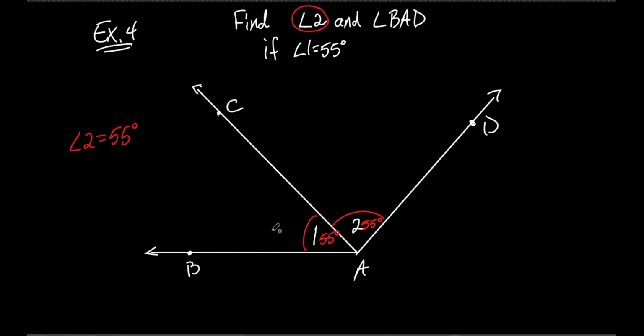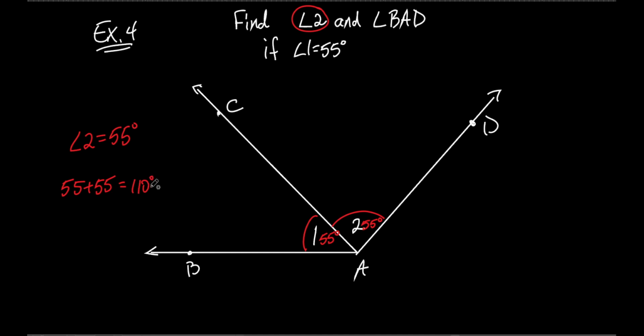That's right. Do you see how they form these two adjacent angles, form that whole big angle? Remember we said about the angle addition postulate, right? That those two angles add up to be the whole thing. So technically, it's 55 plus 55. So that's what angle BAD is equal to. And what is that? 110.